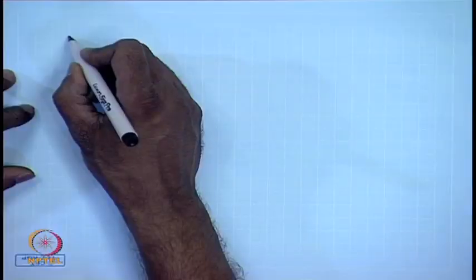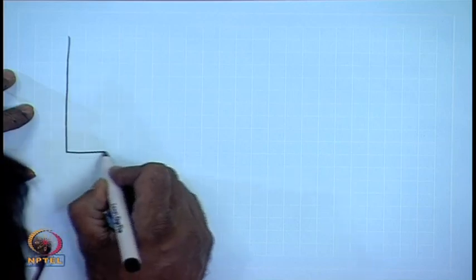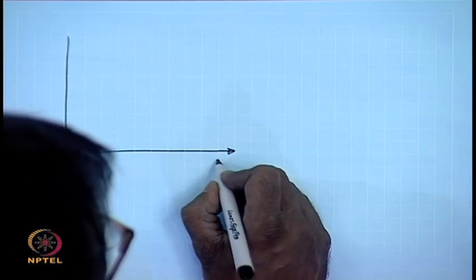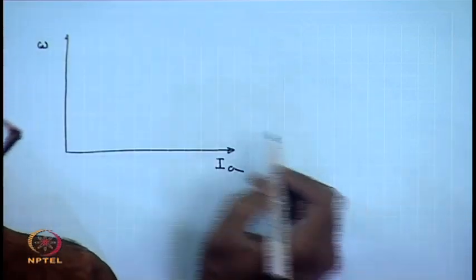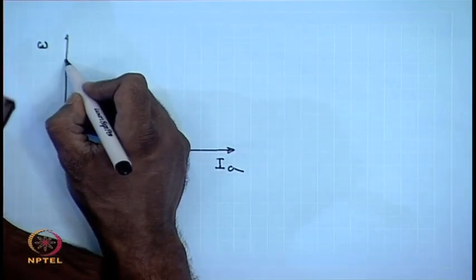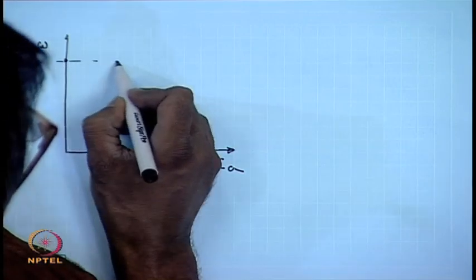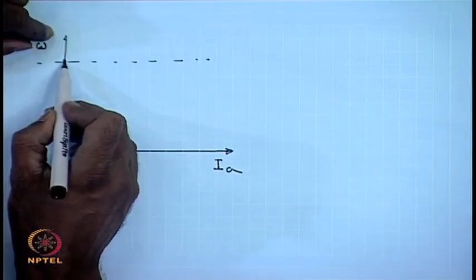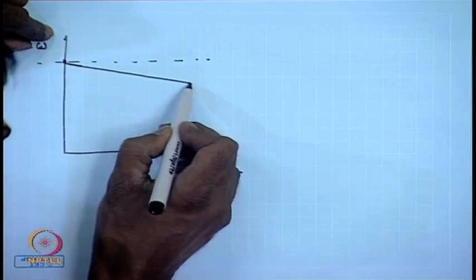Suppose I draw the current I A versus speed. At no load current is 0. If we neglect armature resistance, then armature reaction, then as the speed decreases the current increases linearly.